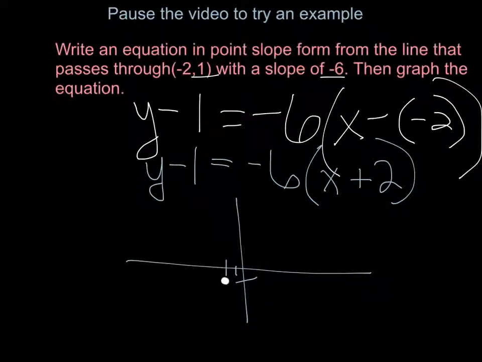From there, we use our slope of -6, which means you rise -6, so we actually go down 6: 1, 2, 3, 4, 5, and 6, and then we go over 1, and so our new point is going to be right there. I'm kind of running off the screen a little bit, sorry about that, but you continue it up, and that would be your line for the equation that passes through (-2, 1) with a slope of -6.